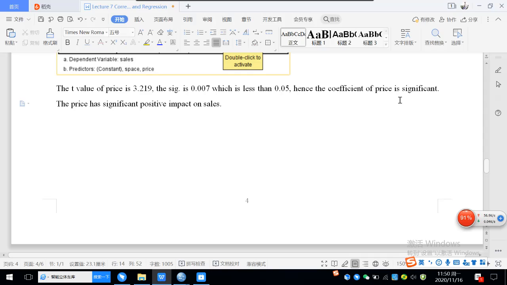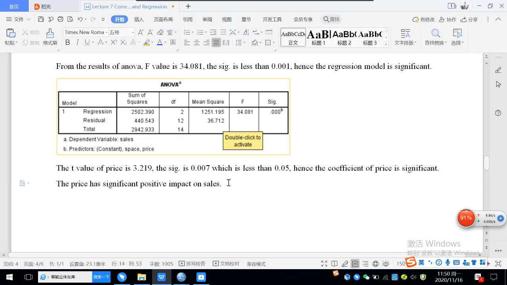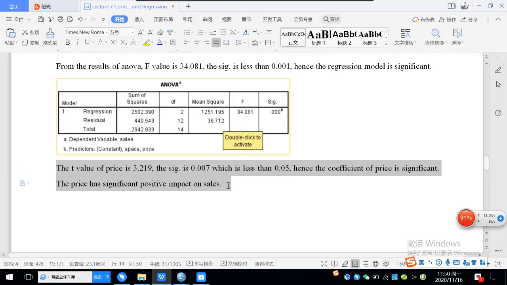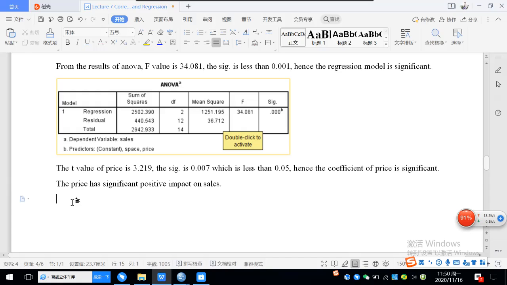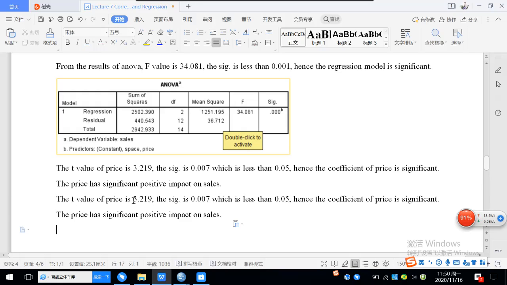Okay, here is an analysis and the conclusion. Okay, similarly, I copy it.